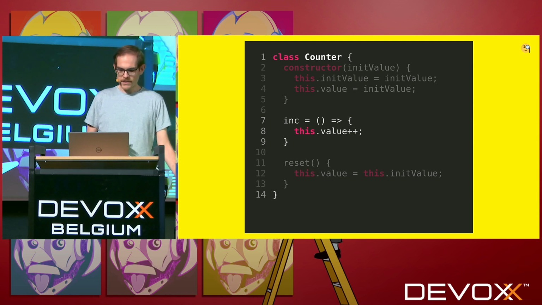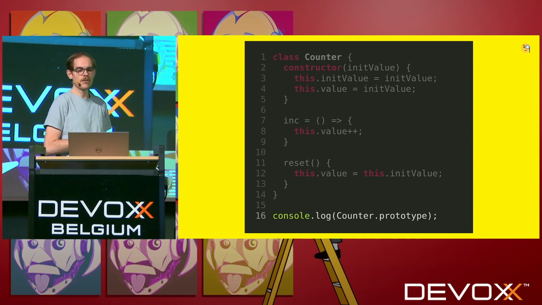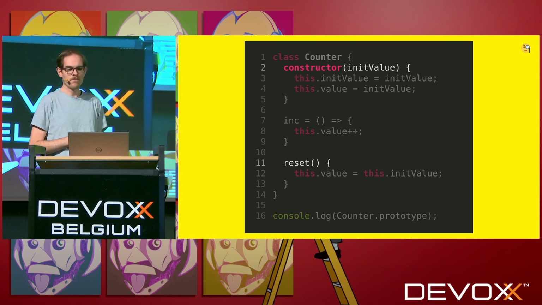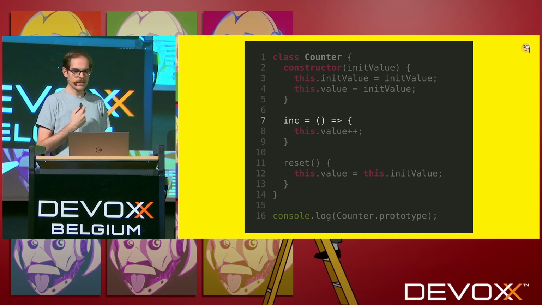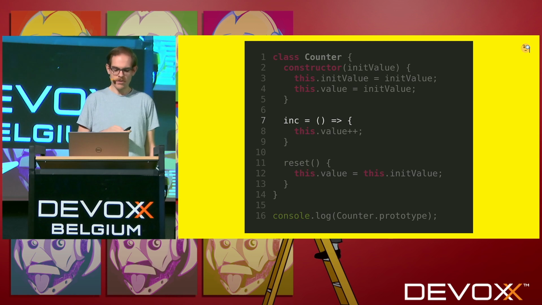But now the problem is that no matter which way you do the binding, if we look at the prototype of the counter, we get the constructor and the reset method, but we don't get the increment method. And this is because the increment method is no longer a class method, it's an instance property.